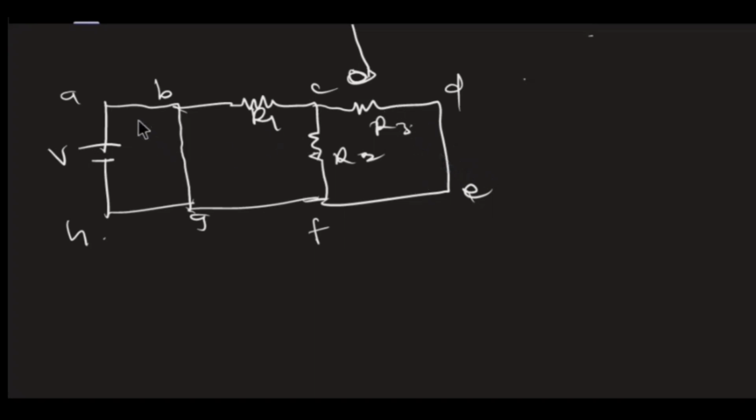Current moves like water. On its path it wants a free path, so it doesn't need obstacles. See resistors as obstacles that block its flow. If you have water flowing through a pipe and it encounters an obstacle, it changes direction or takes a path which has no obstacle, or if there is no option it will be forced to pass through.